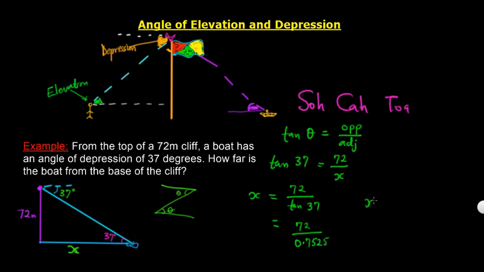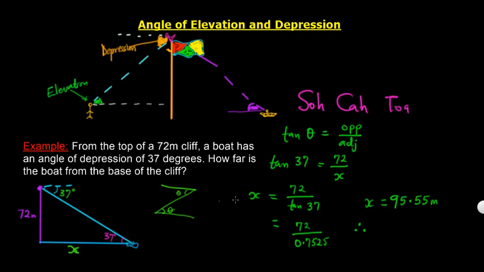Hence, x will be equal to 72 divided by 0.7525, use your calculator, 95.55 meters.